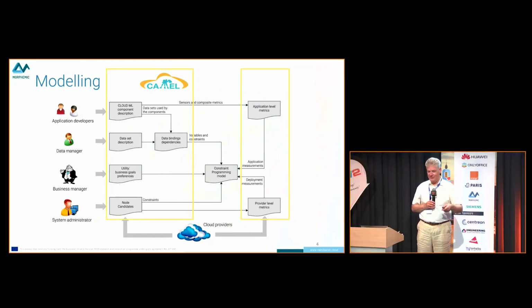And we have created a modeling language for collecting this information in one consistent modeling language called CAML. CAML for many reasons, but at least it has 4 humps, as you can see here from the 4 different roles. And the idea with this CAML language is that it ends up in a constraint programming model that allows us to optimize automatically the application when it's deployed.